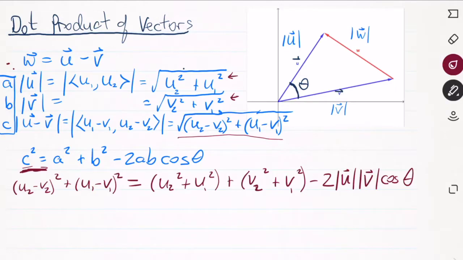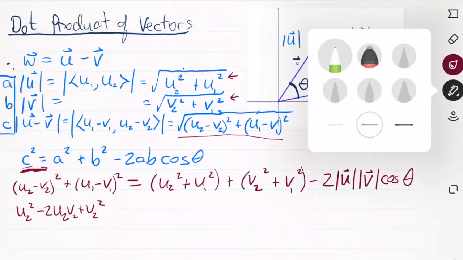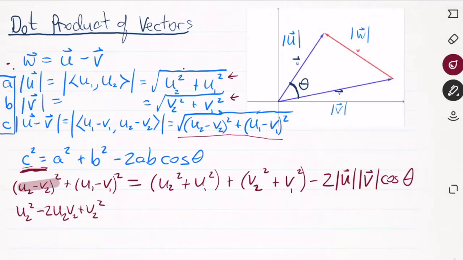So if I square out as much as I can on the left-hand side, and then see what happens. So this becomes u2 squared minus 2 u2 v2 plus v2 squared. That is this guy so far.